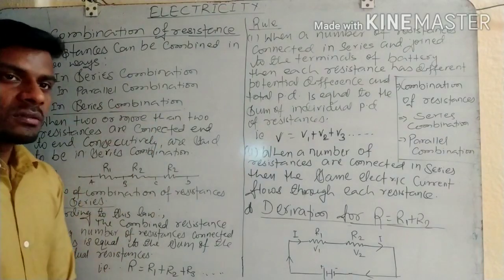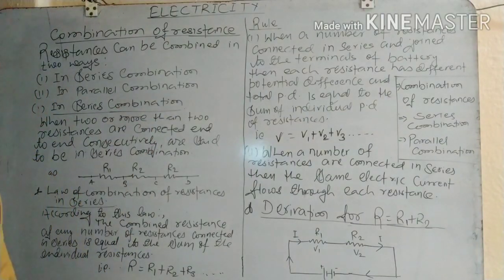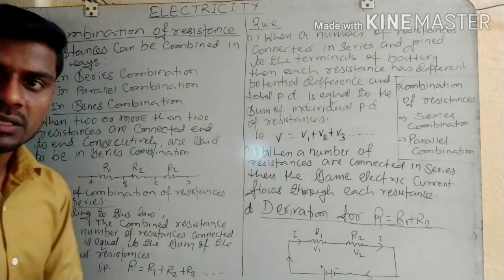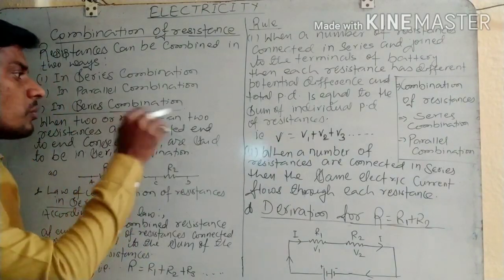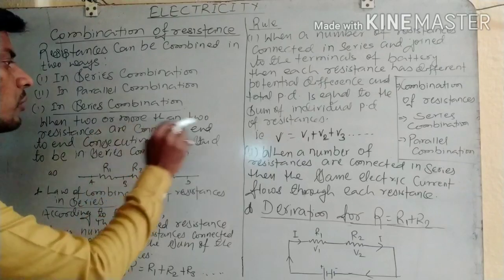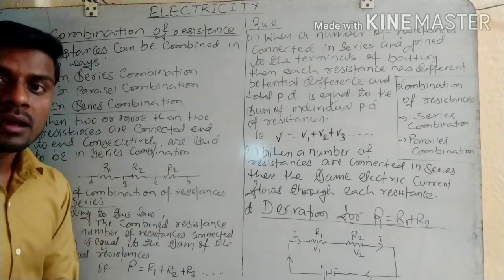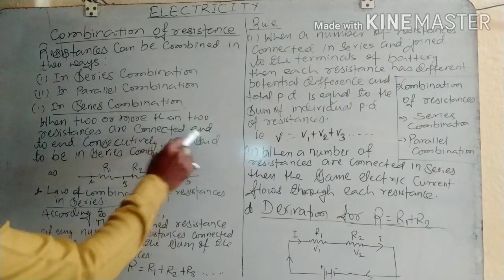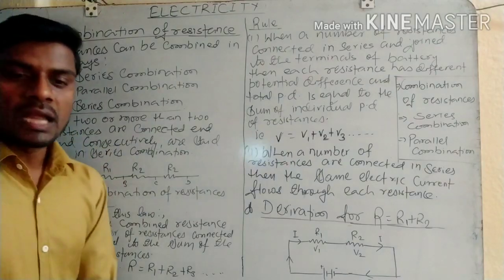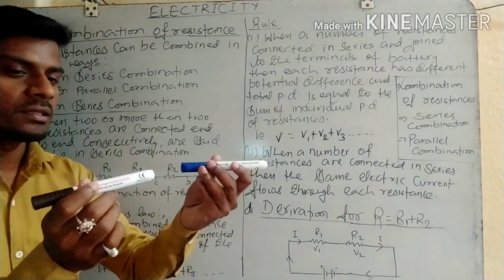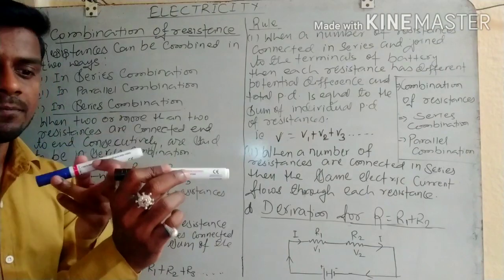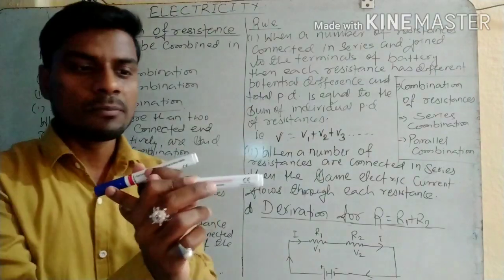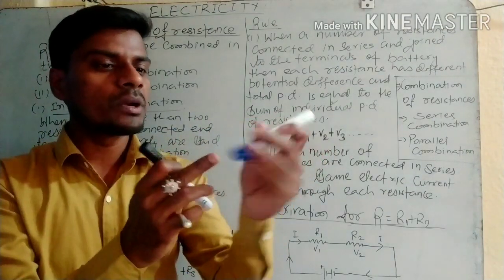In series combination, how are resistances connected to each other? When two or more than two resistances are connected end to end, that means this is the first resistance and second resistance, with a starting point and ending point each.